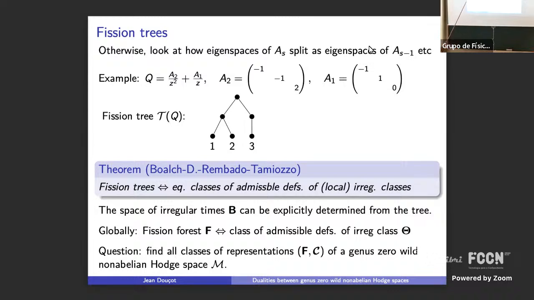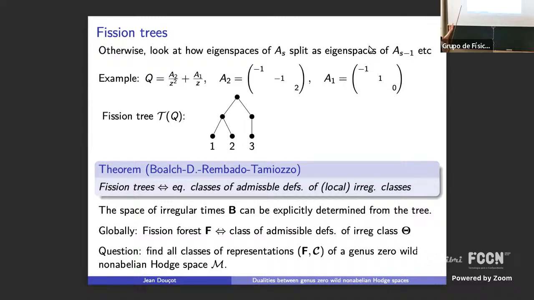And we showed in some work with Boalch, Gabriele Rembado, and Matteo Tamiozzo that even in the twisted case, and in some cases with G-bundles, here I'm only focusing on GLn, you have an equivalence between equivalence classes of admissible deformations of local irregular classes and fission trees. So you have this combinatorial object which characterizes the irregular classes up to those admissible deformations. And your space of universal local deformations can be explicitly determined starting from the tree.